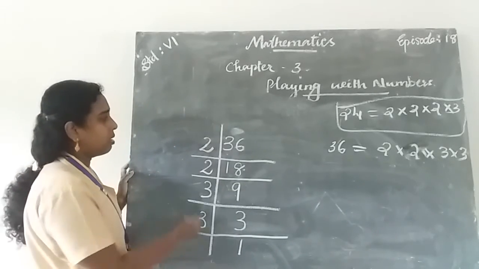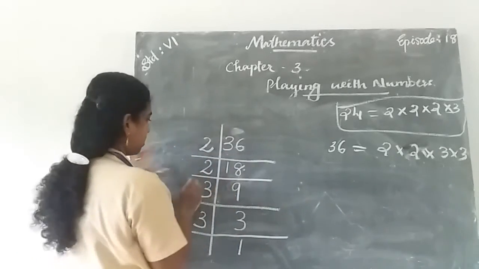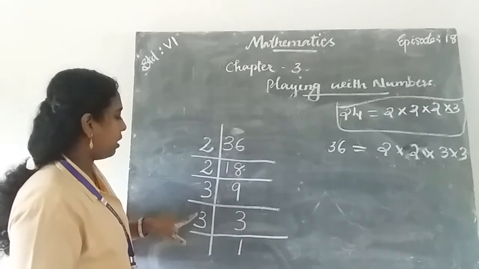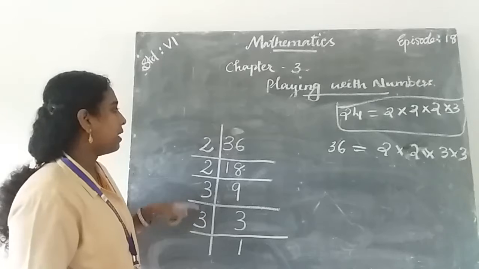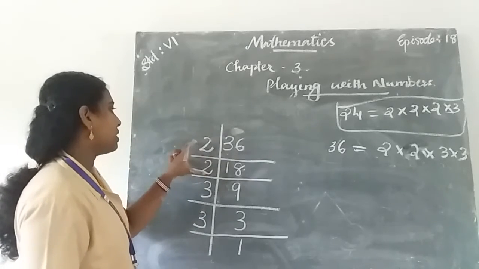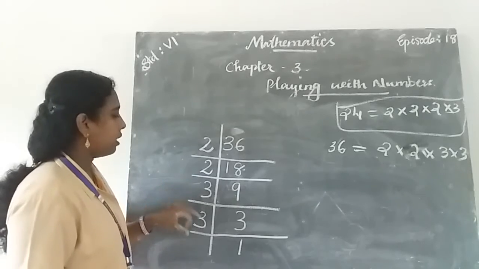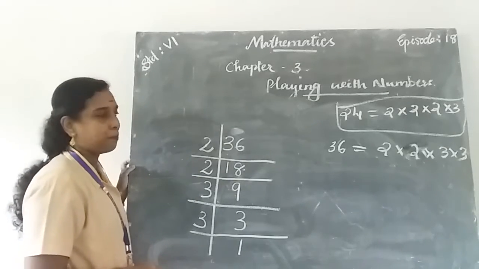So the prime factorization of 36 is 2 into 2 into 3 into 3. We get the prime factorization of 36 as 2 into 2 into 3 into 3 by the division method.